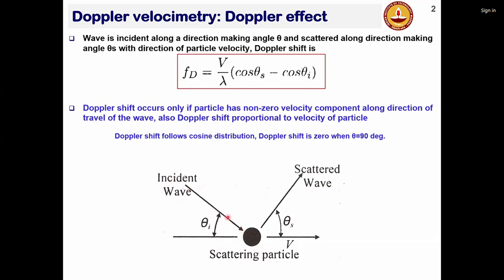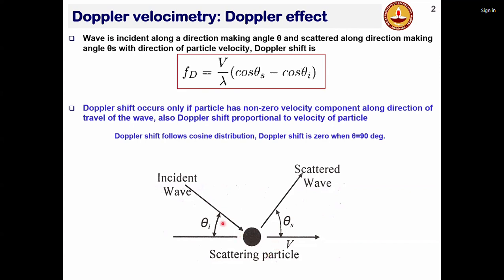The incident wave is making an angle theta subscript i with the flow velocity. And the scattered wave makes an angle theta subscript s with the flow velocity. So as I said, v can have a component both along the incident wave as well as the scattered wave. So this v can have a component in this direction, right? That is the incident wave direction. This angle is nothing but theta i.